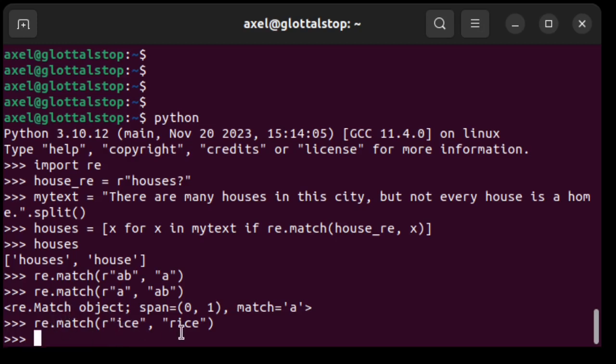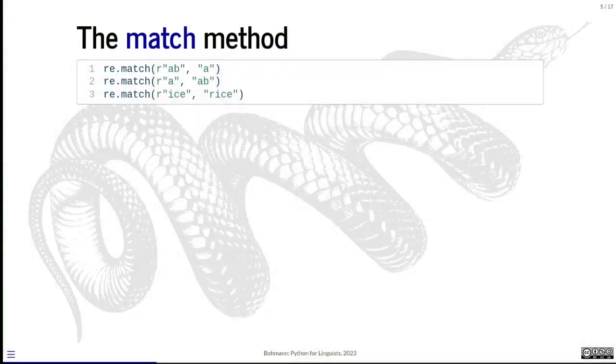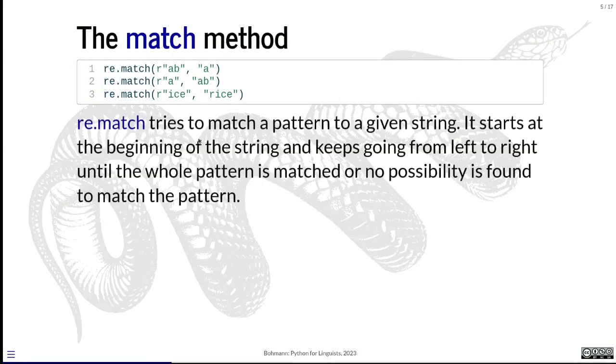So this actually does not find a match here. That's something important to keep in mind. Whereas something like "ice" in "rice" on just strings, that gives us True. "ice" is a substring of "rice", but it doesn't start with "ice". So that's a notable difference, right? That's basically what I just explained.